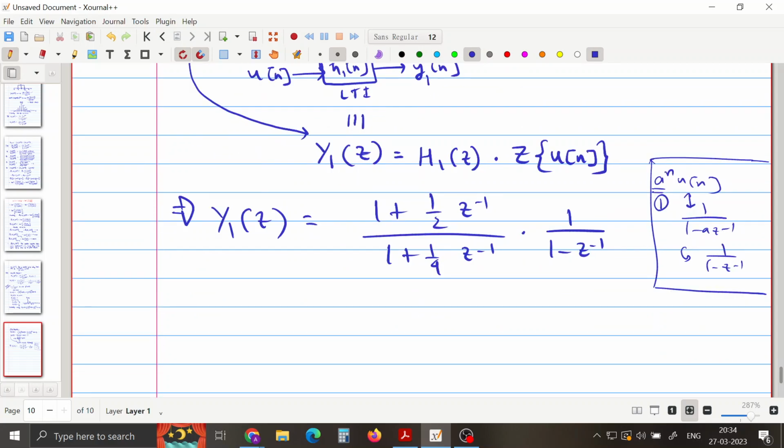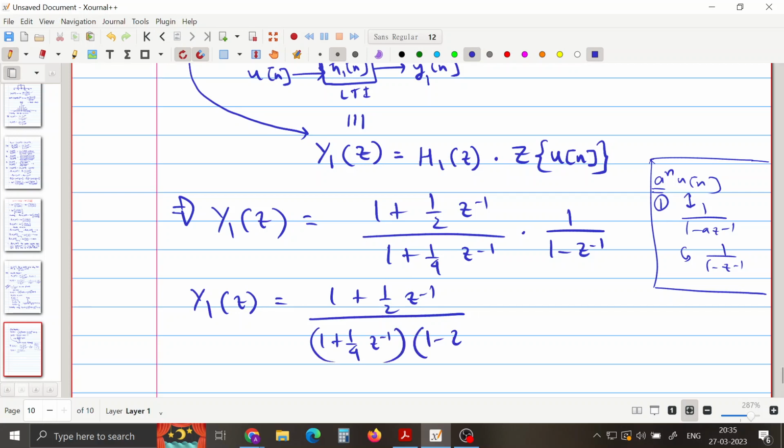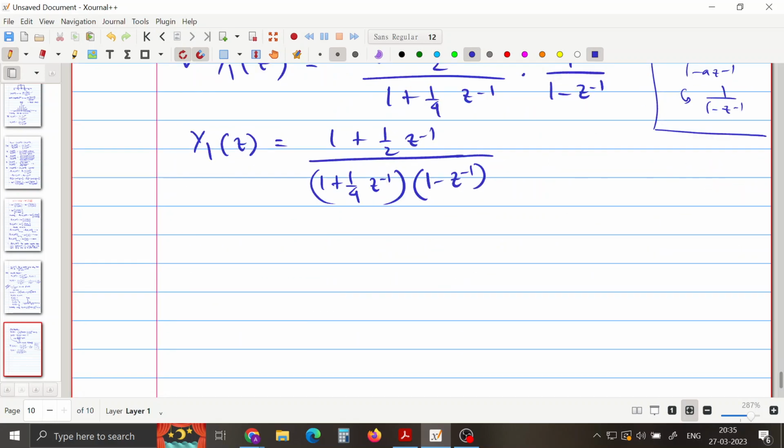Basically Y1 of z is this. Now you can use partial fractions, but I think in this problem the graphical convolution method is more convenient.